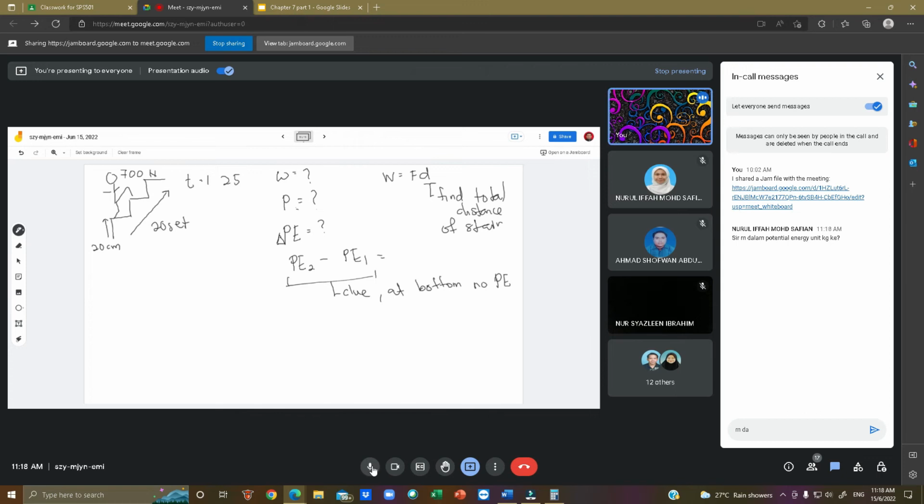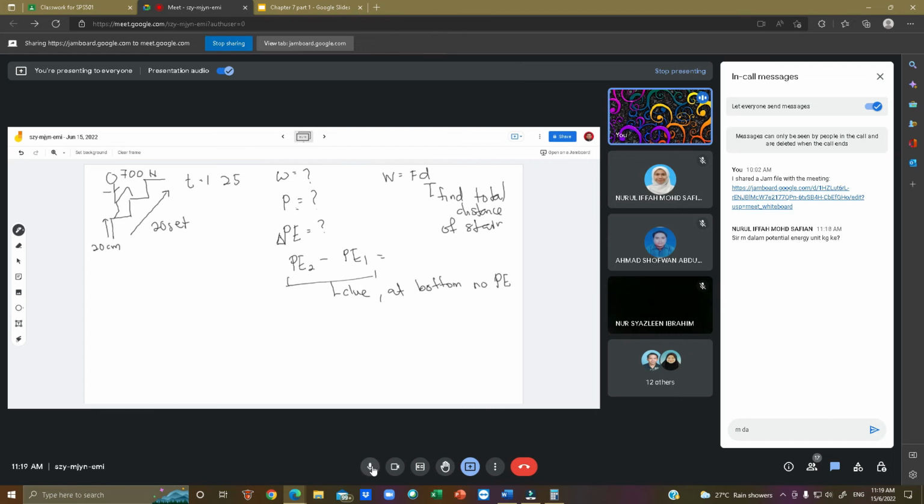Ni M mass. Okay, mass dalam potential energy bukan. Dalam potential energy dia ialah weight. So kamu kena dalam unit Newton. Bila unit kg dia mass. Dia tak ada gravitational computation kat situ. So dalam potential energy dia ialah weight time height. So bila nampak weight dia dalam Newton. Bukan kg lagi.